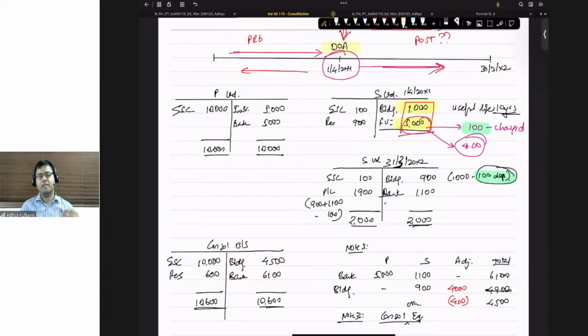So the value of the asset is the increased value after the fair value adjustment. So there is going to be an increased depreciation on account of the fair value adjustment. That increased depreciation is going to happen after the date of acquisition. And that is why that additional 400 rupees is going to be depreciated as additional depreciation in the post-acquisition period.